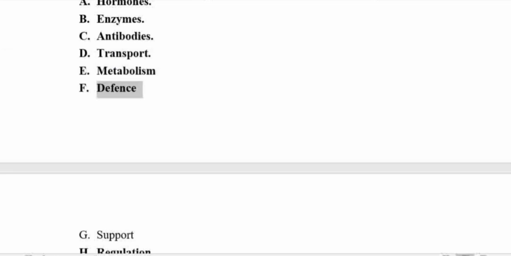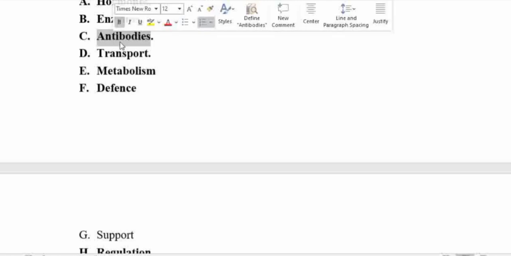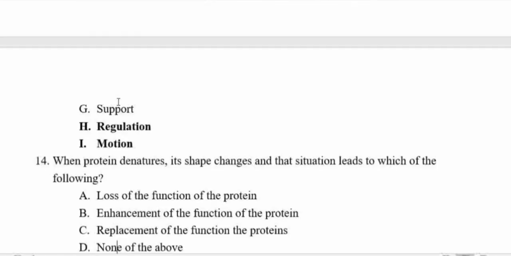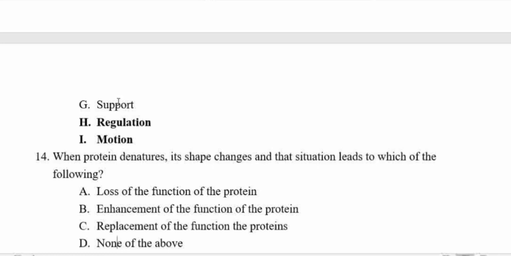I've already talked about antibodies and how they help with defense. But what about support? Do proteins play any role in support? In actual fact, that one too, we can say it's a function of protein. Why would we say that? We know that some proteins have what we call a structural function.